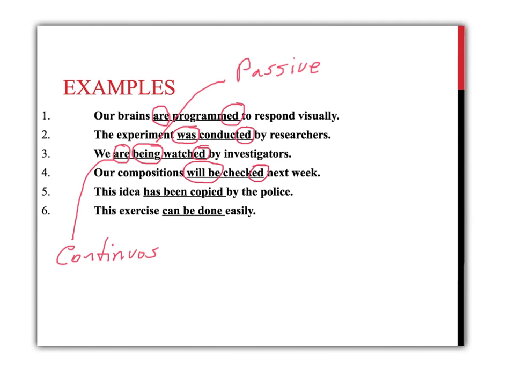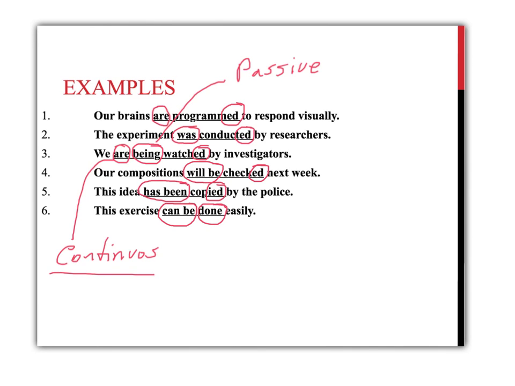In number 5, we have the present perfect of the verb to be plus the participle of the main verb. And finally, in number 6, what we have is a modal with the verb to be plus the participle, in this case, of an irregular verb.